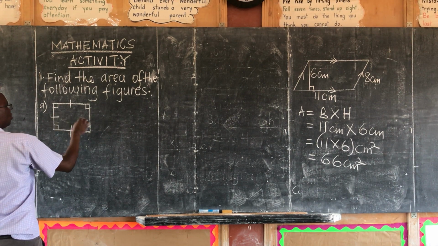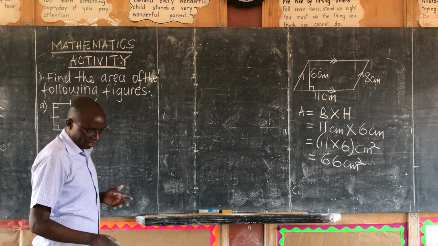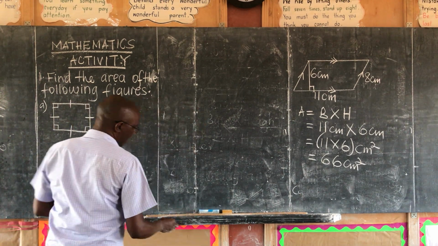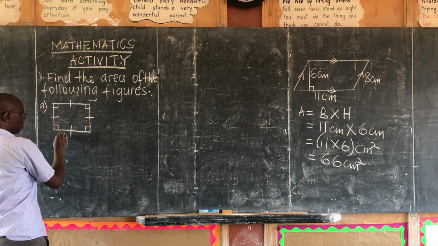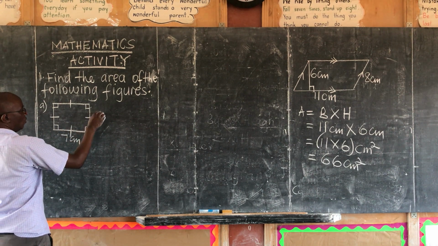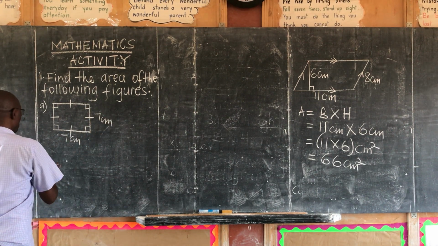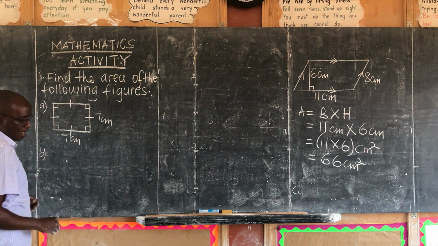You should be able to look at the diagram and tell what it is, whether it is a square, or a rectangle, or a parallelogram.